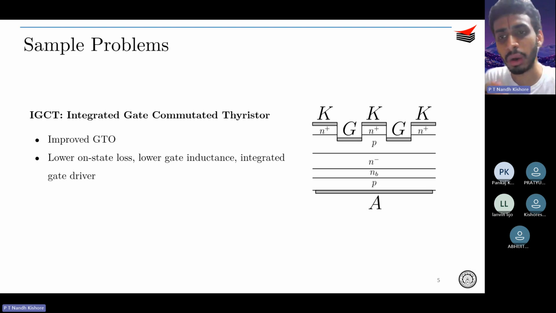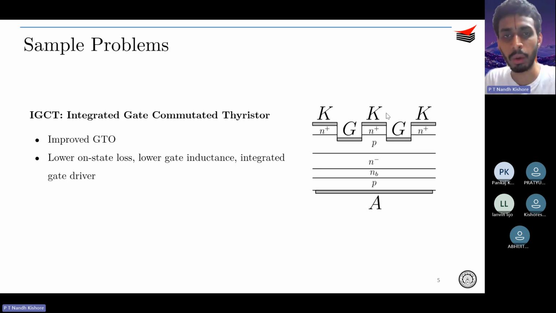You need to have something called a gate driver, which will amplify the signal and provide you isolation and so on. A better version of that would be integrating all the gate drive circuitry into the device itself. This is what is called an IGCT, wherein inside the thyristor itself, you have an integrated gate. Okay, so it's an improved version of GTO.